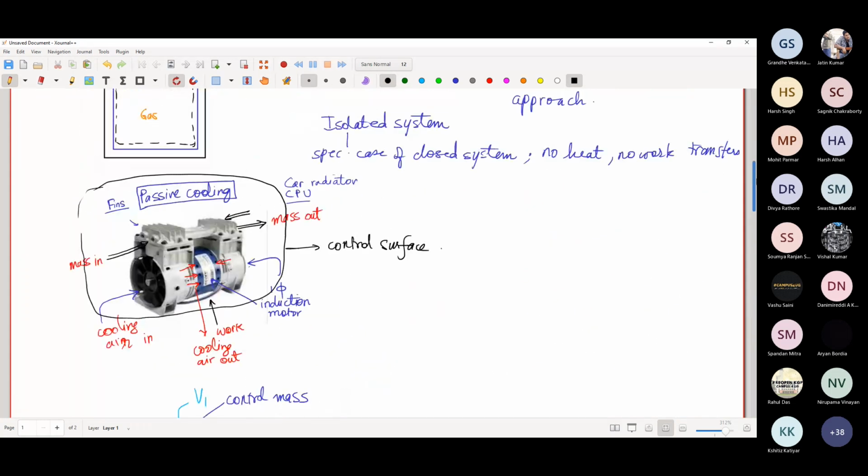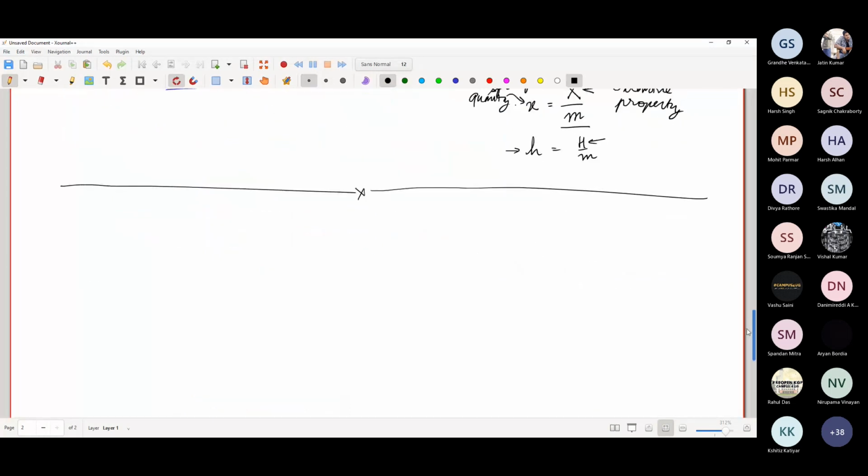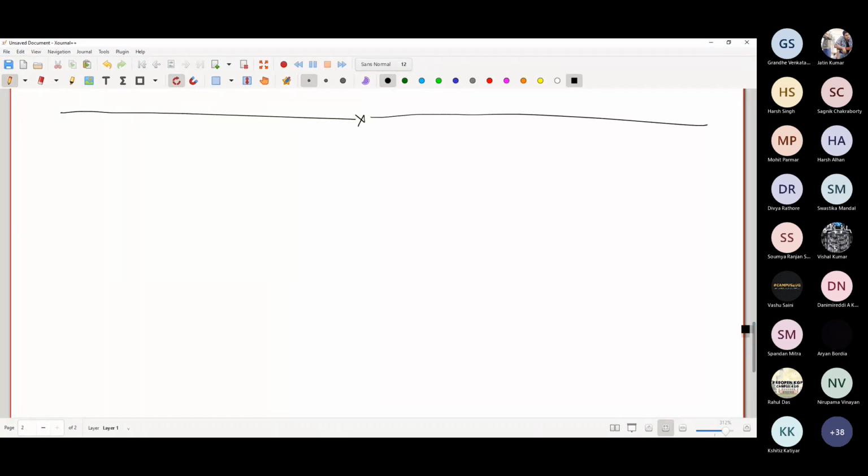Properties, state, phase. So, let's study about processes. When a certain control mass, suppose you're studying a control mass, and this is not just true for a control mass, it is true for a control volume as well.